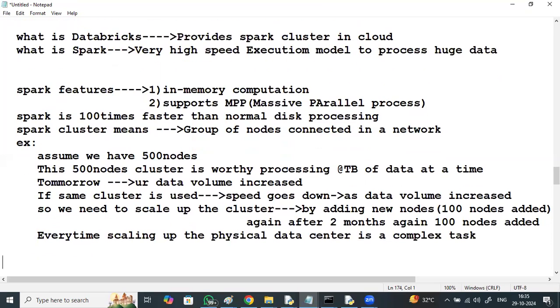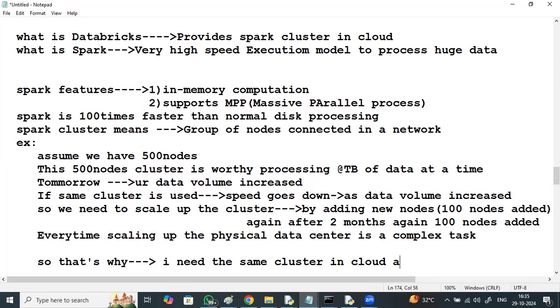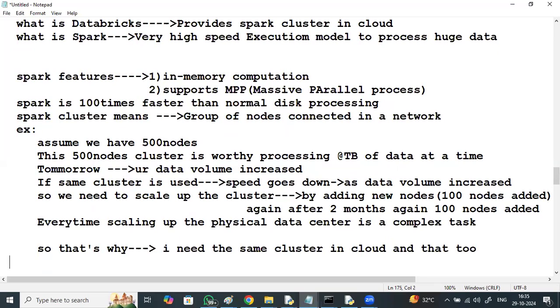Previously data increased with small amounts, but today data is increasing by large amounts. That's why I need the same cluster in cloud, and that too with auto scaling capability.